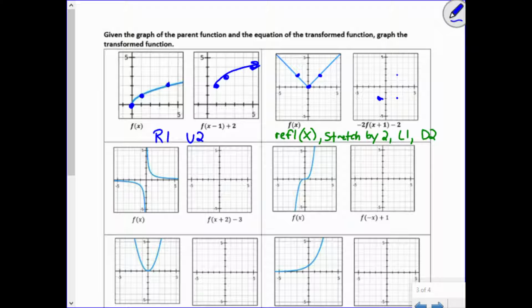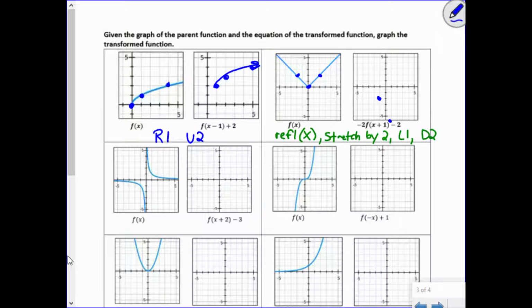Negative 2. Multiply that times 2. So only the y values that are changing. Then I'm going to go left 1 and down 2. Slightly off track. Sorry. We'll pretend that that's negative 6 right there. Okay? So that's where this point is.